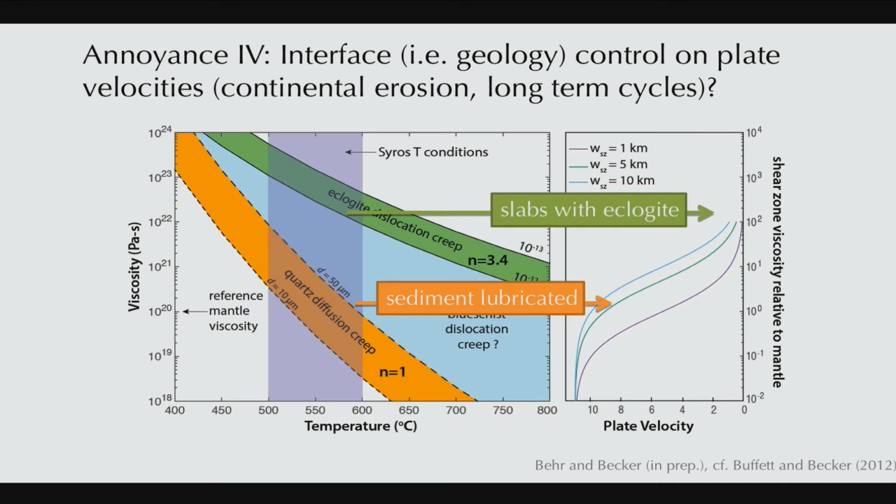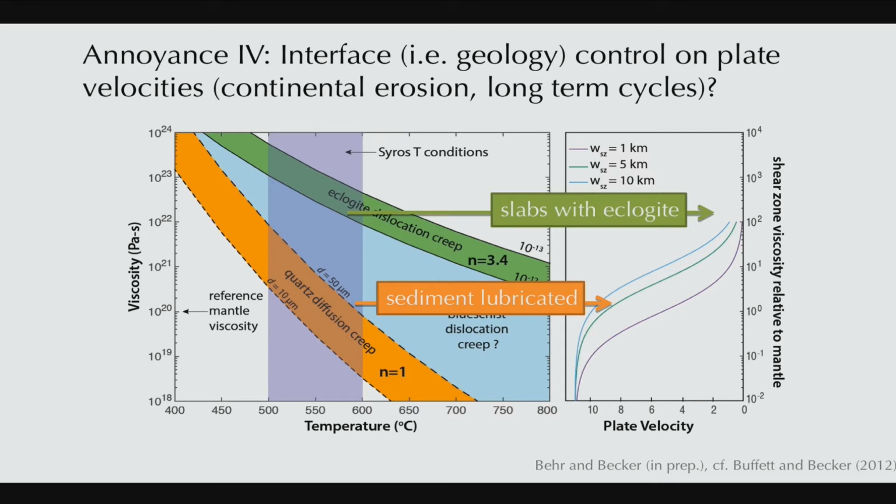Here's an example using rheologies, creep laws for eclogite, having basalt coming into the thrust interface, and here's a quartz diffusion creep law in temperature viscosity space, as you might expect if you have sediments coming into the creep law.